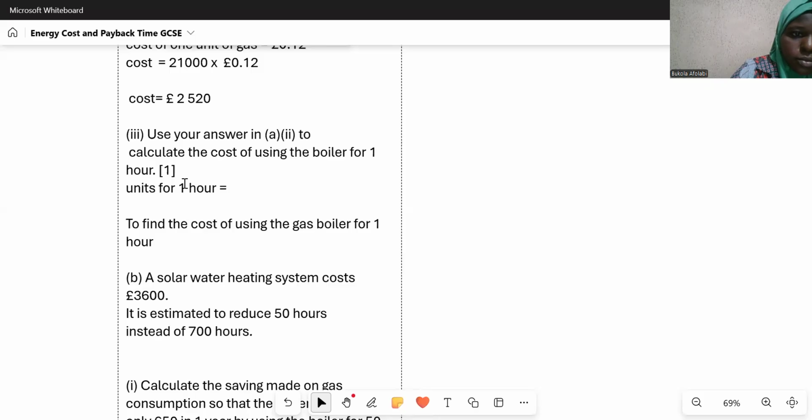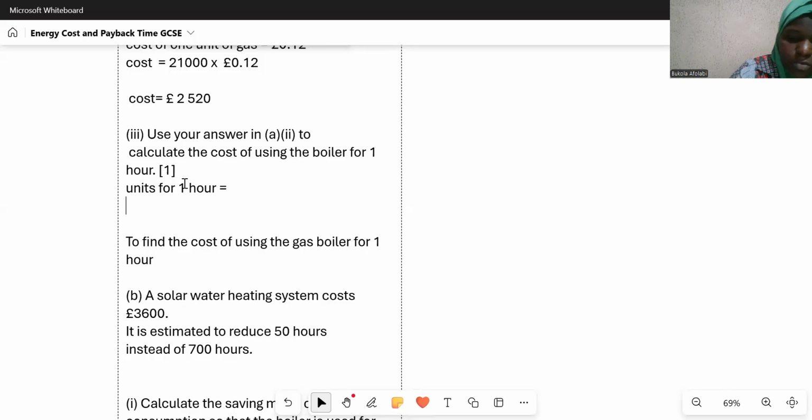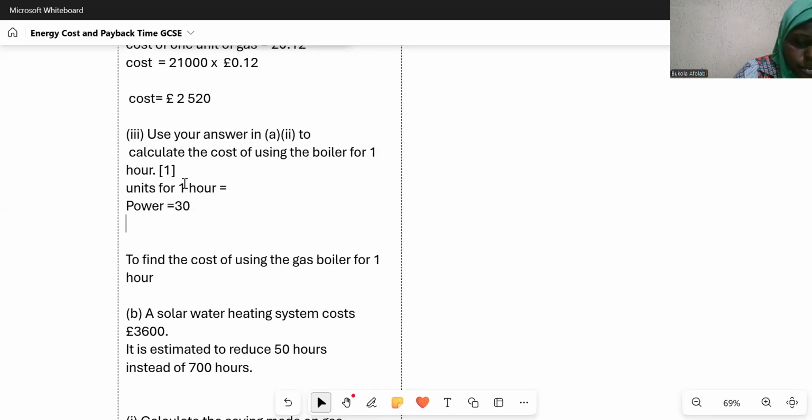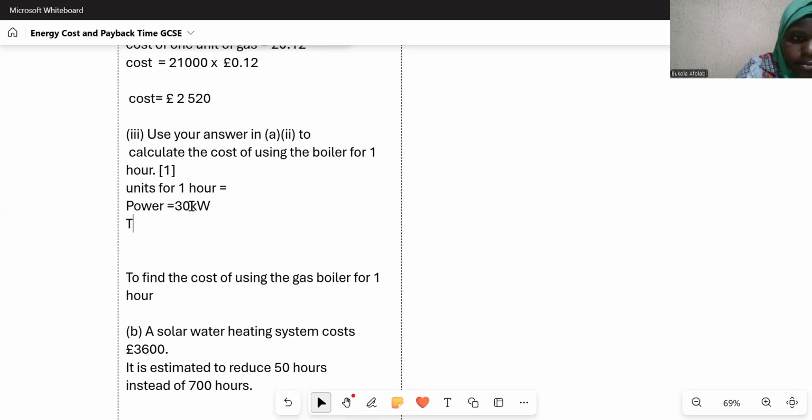Units used for 1 hour equals the power of the gas boiler, which is 30, times the time. Time is 1 hour.